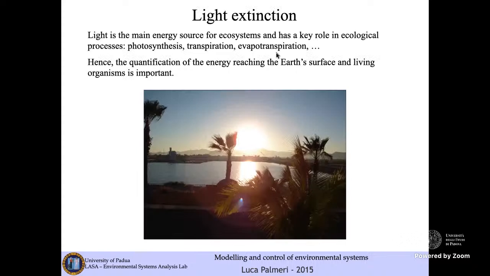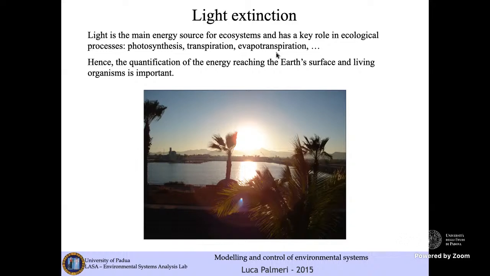As we already know, light is the main energy source for ecosystems on the surface of the planet, and has a key role in ecological processes like photosynthesis, transpiration, evapotranspiration, but also in energy transfer and climate regulation and so on. Hence, the quantification of the energy reaching the Earth's surface from the sun, and so the living organisms, is very important.